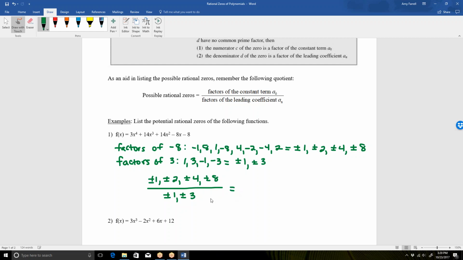Okay, now I'm sure your instructor is going to want you to simplify this further. We want to put each of these factors over plus or minus 1, and also put each of these factors over plus or minus 3. So putting each of those over plus or minus 1, we're just going to get the same thing here. And then we're also going to put each of these over 3.